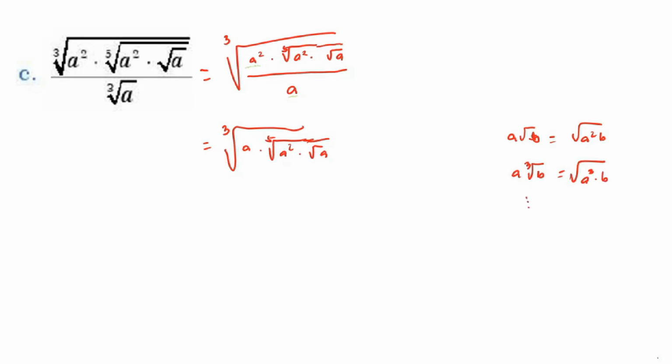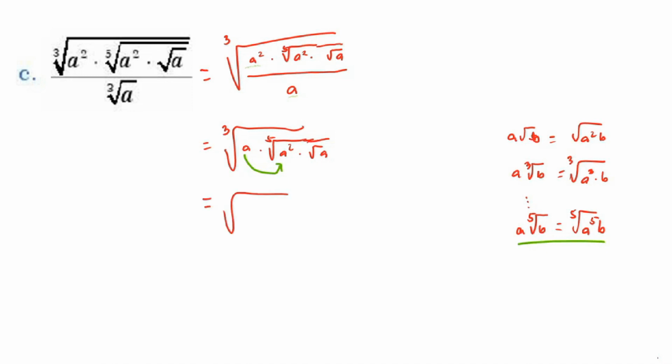And so on. If I have a times the fifth root of b, I can write the fifth root of a raised to 5 times b. So I'm going to use this idea for solving this, putting this one inside and applying this property.